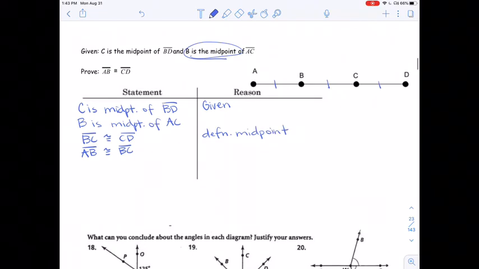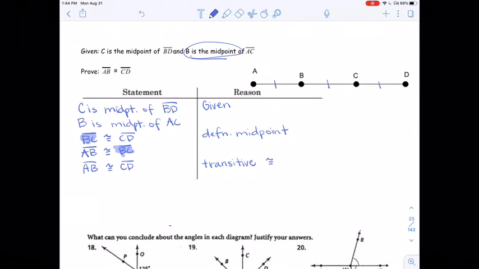So we both have two things in common here, BC and BC. And if both of those are congruent to BC, then they are congruent to each other as well. AB is congruent to CD, and that is our transitive property of congruence. If 1 is congruent to 2 and 2 is congruent to 3, then 1 is congruent to 3 as well.